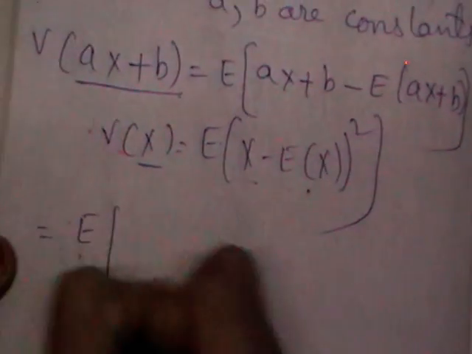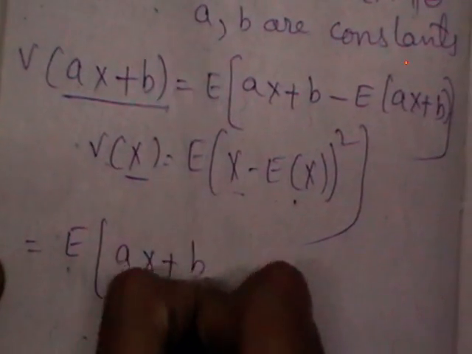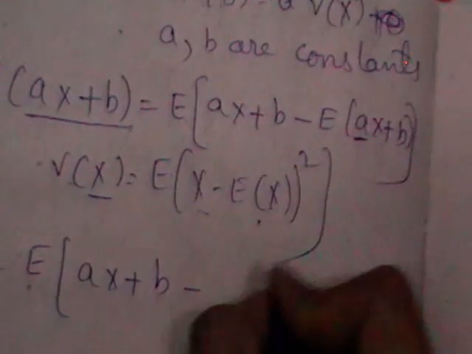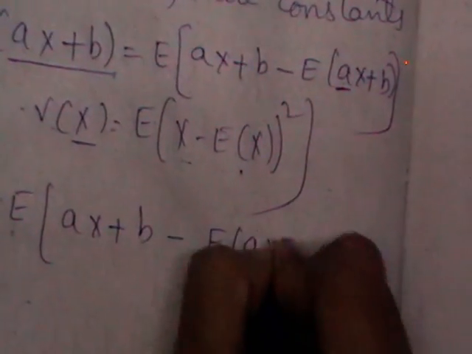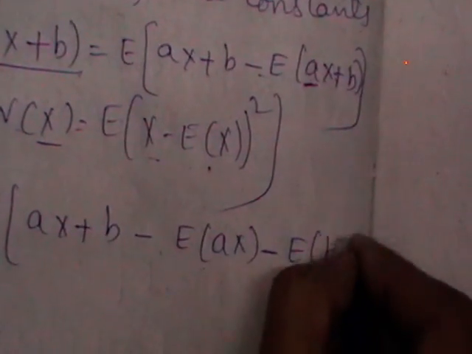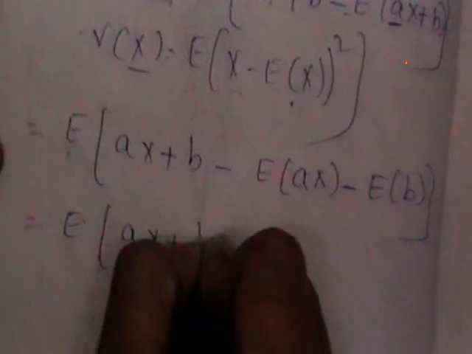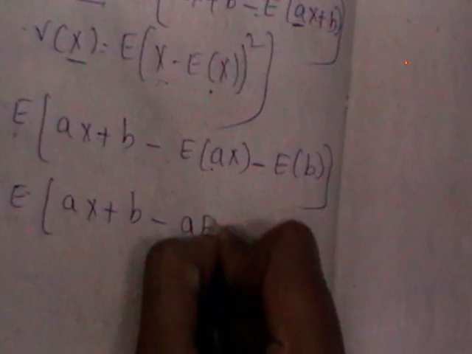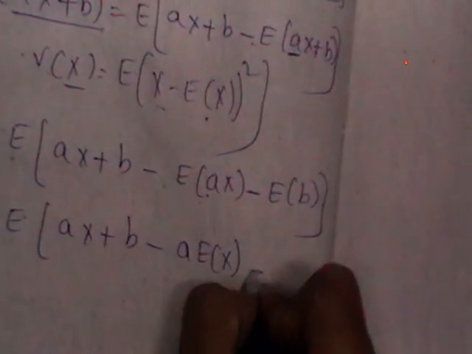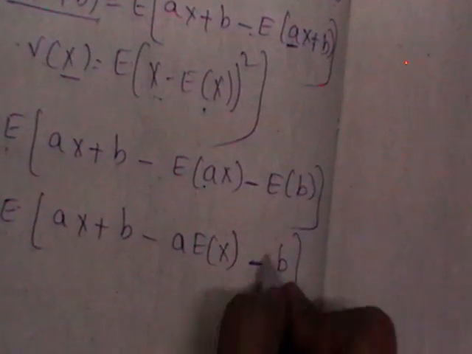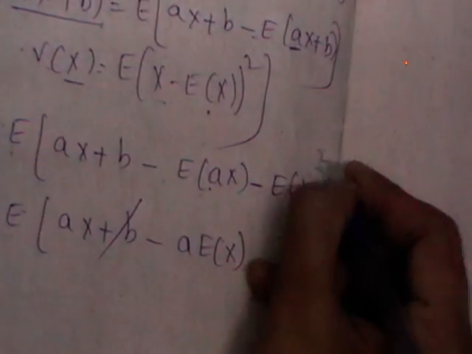What is the expectation of ax + b? Since a is a constant, you will get E(ax) plus E(b), and with the minus sign in front it becomes minus E(ax) minus E(b). The expectation of a constant is again the constant, so E(b) is b. Then b − b cancels.